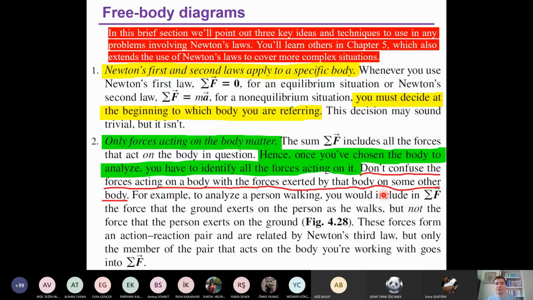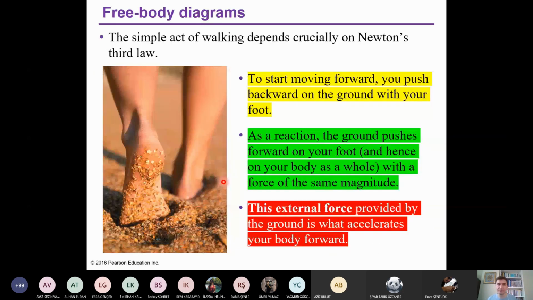So here I will show you a very nice example. The simple act of walking depends crucially on Newton's third law. To start moving forward, you push backward on the ground with your foot. Let me draw here. Let's consider this is the leg, this is the foot, and this is the ground. There's some certain friction. And in order to move forward, we apply a force like this.